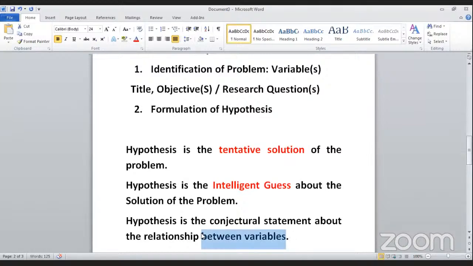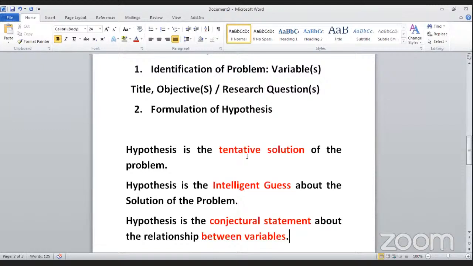I'm not saying among variables. And when I'm saying between variables, it means there are only 2 variables. Now, if you see here also, it's not a final statement, it is a conjecture. And conjecture is again an intelligent guess, an intelligent guess about the relationship between the variables.